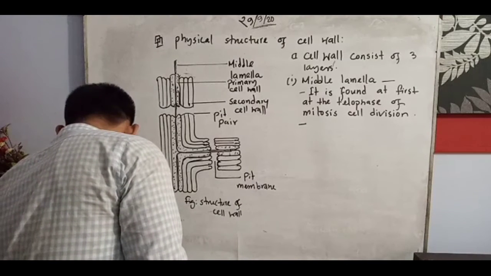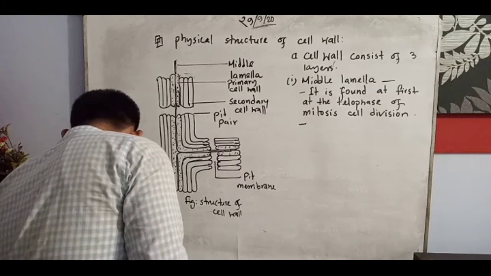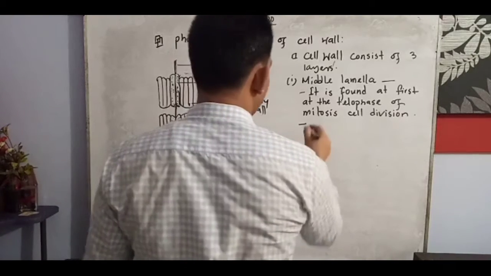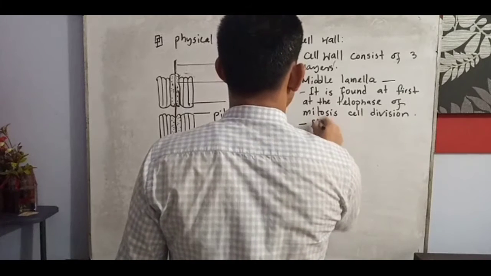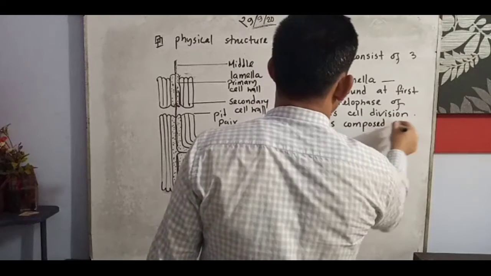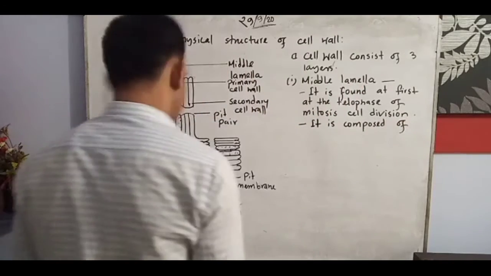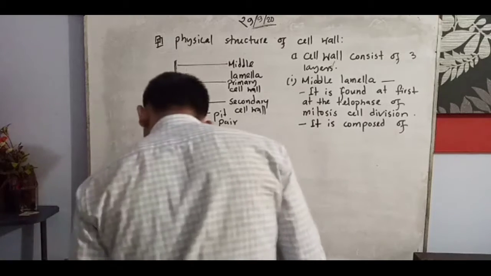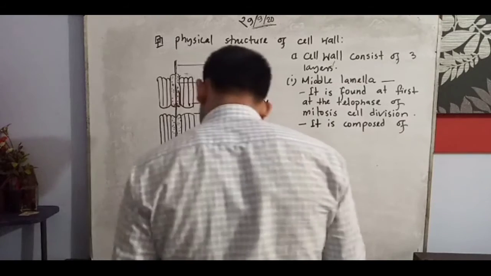And then, it is composed of phragmoplast and pectin.